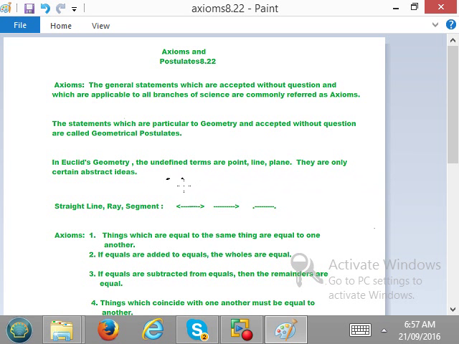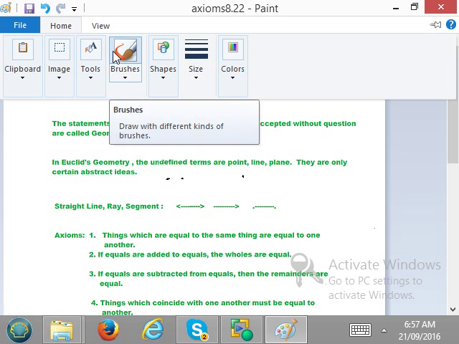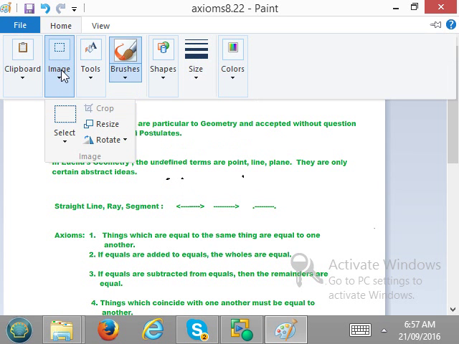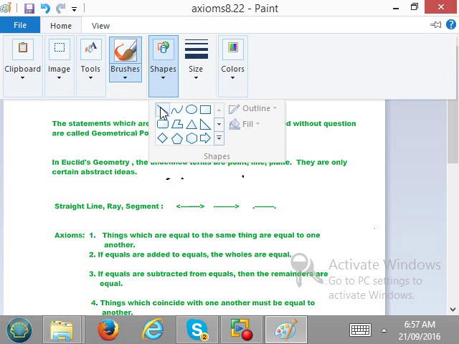We represent a point like this. Actually, it has no area. So we represent another point. We can't make it very small. When we join these two points, we call it a line.